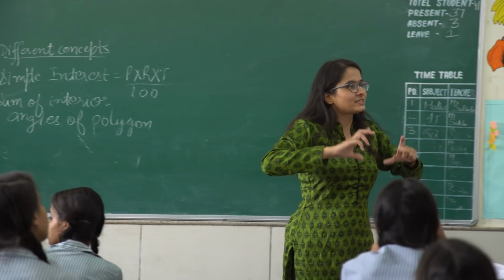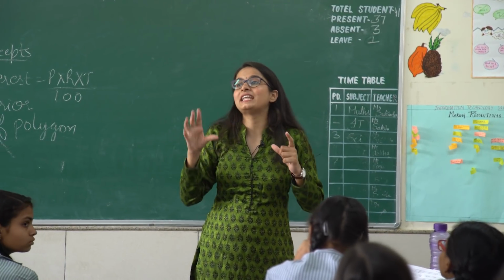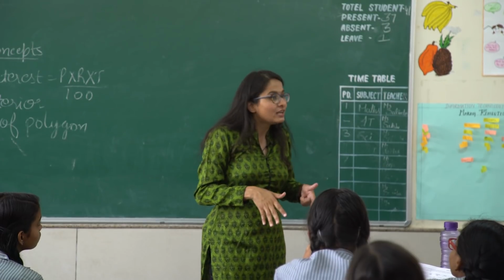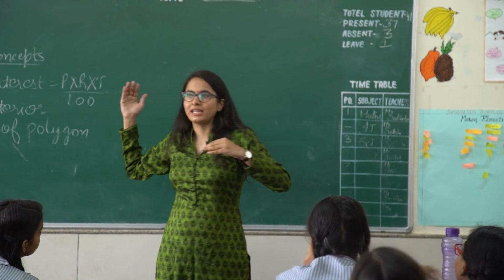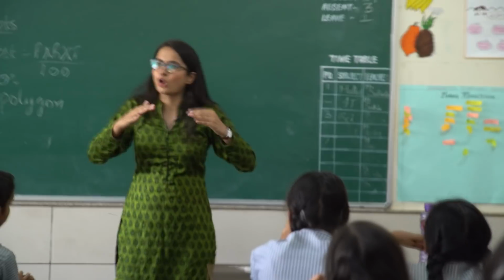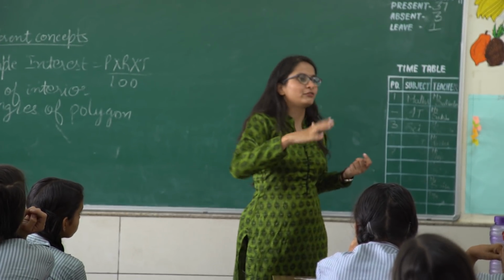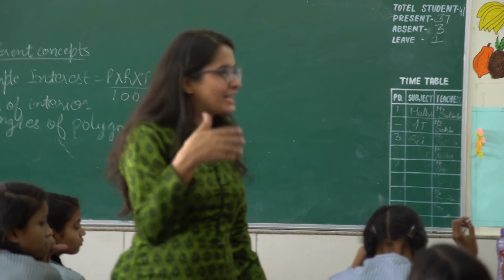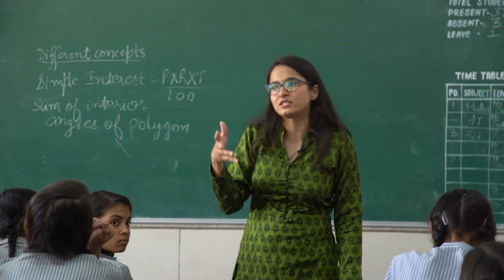Uber calculates it based on the distance, and also it is a real time algorithm which also sees the amount of traffic at that hour. So if I book a cab in the morning from my home in Chhatarpur to Ayanagar, it costs less, and if I book it in the evening at 5 o'clock, it will cost more. So algorithm was a new term, and as you grow up, you will study artificial intelligence and data science.